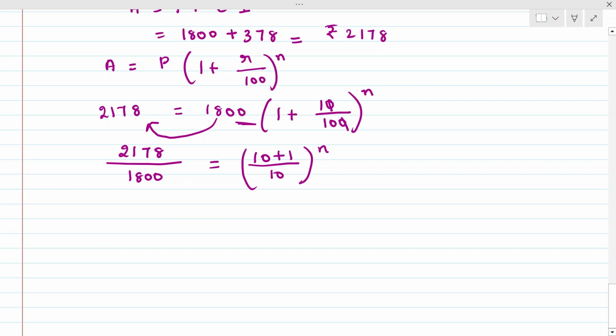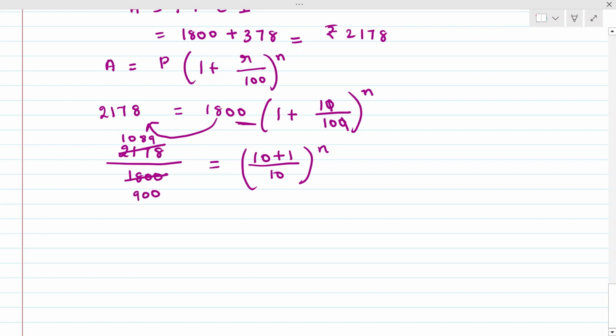So now when we cancel these two, 2178 divided by 1800, when we cancel with 2, it will become 1089 divided by 900.